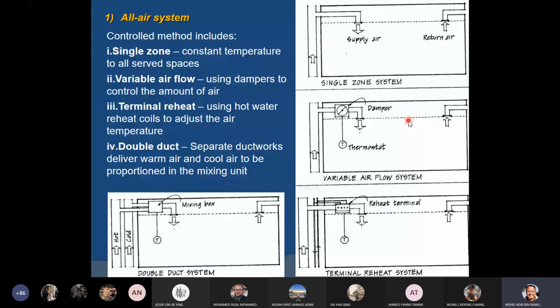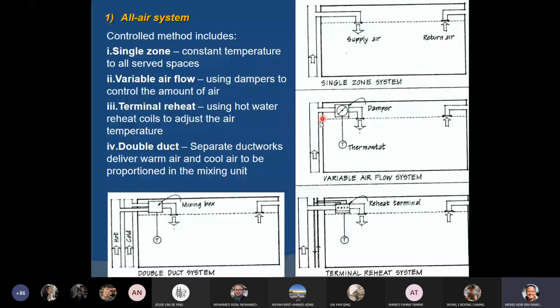Okay, so basically in this case the temperature is the same, but you can control the amount of airflow. Meaning that for the single zone system, you cannot control the airflow, you cannot control the temperature. So all the spaces get the same temperature and the same amount of airflow.